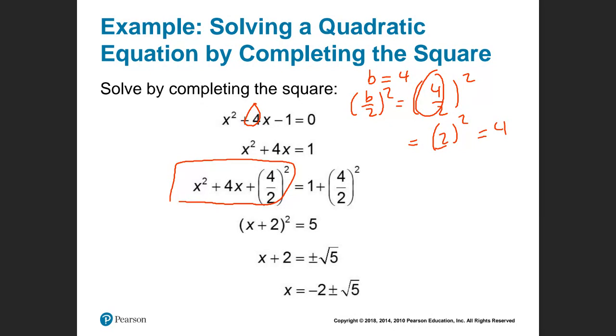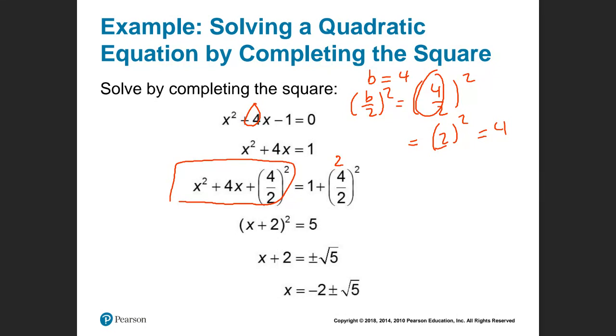1 plus 4 over 2 is 2, so 2 squared becomes 4. 1 plus 2 squared is 1 plus 4. The answer is 5.